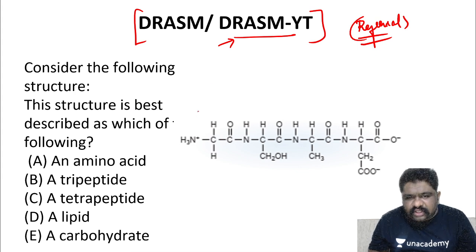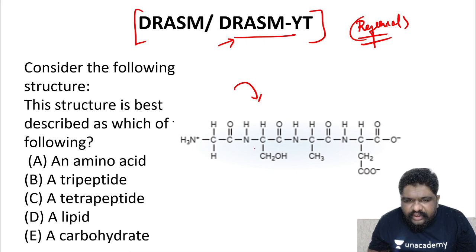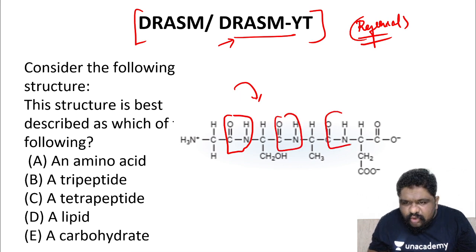Look at the picture here. Consider the following structure. The structure is best described as which of the following? Some questions can be as simple as this particular structure. What is it? It is not a big deal at all. When you look at it, you understand that there are repeated units of CONH, CONH, CONH.